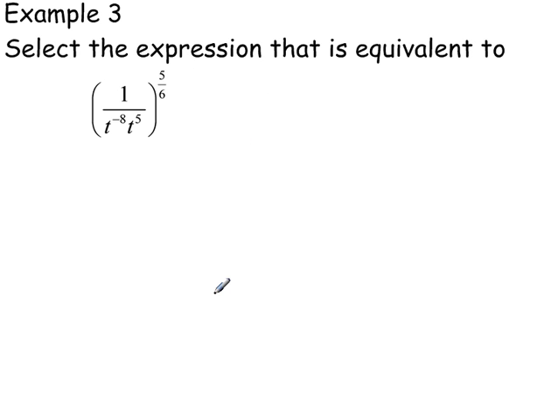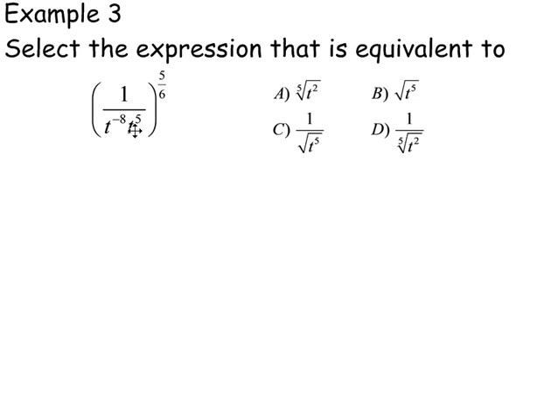Example 3, select the expression that is equivalent to, and then there's the expression. I'm not going to bother reading all that. By the way, these are the choices that you have. Forgot to show that. So the answer is in one of these choices.